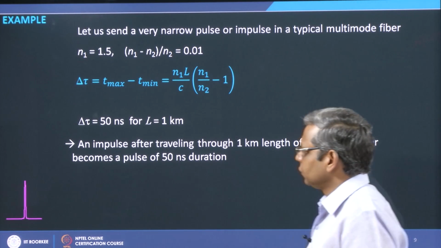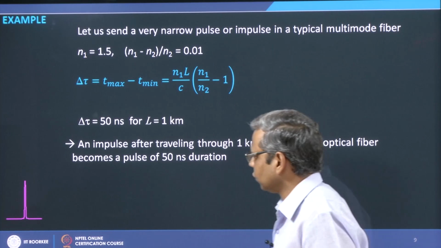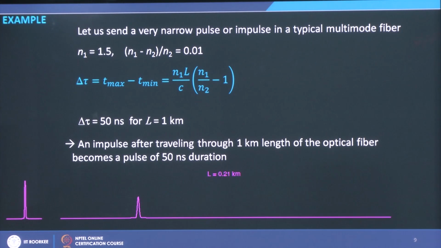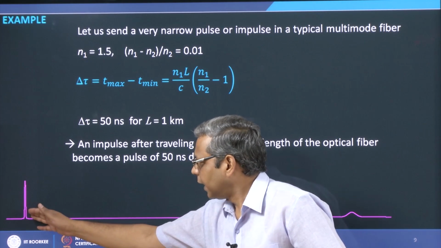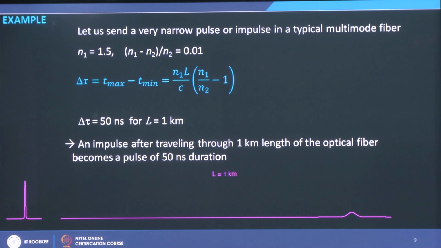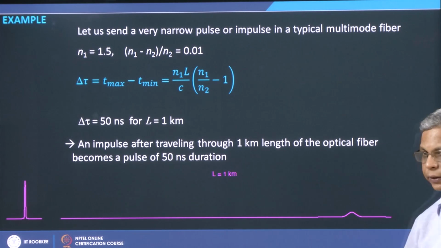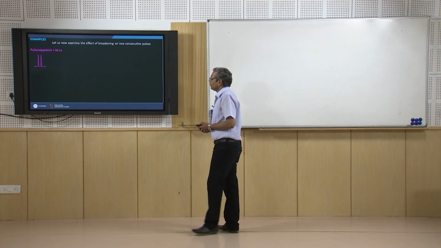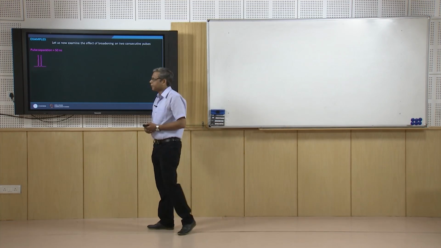So let me send this very narrow pulse through this optical fiber, and as it propagates through the optical fiber, it broadens. So this pulse at the input end will come out to be like this at the output end after 1 kilometer length of the fiber. Let me see what happens in the case of a pulse train.